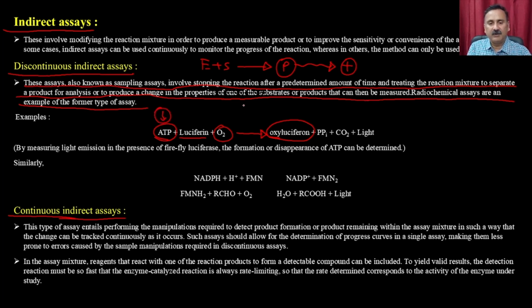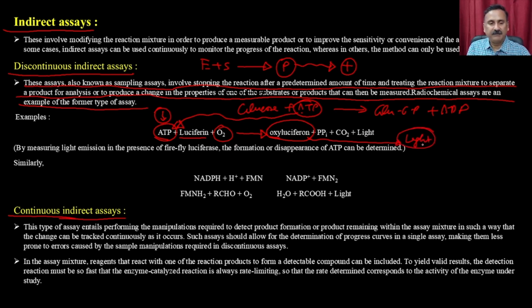Suppose this is the assay I am doing: glucose plus ATP giving glucose 6-phosphate plus ADP. If I want to measure this directly, it is very difficult. So I recover the ATP and put it into this assay, and that's how it can be used for measuring ATP concentrations, because the oxyluciferin is going to give you light, and that light can be measured.